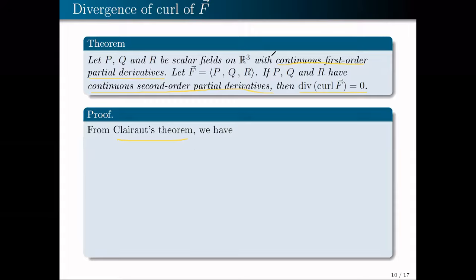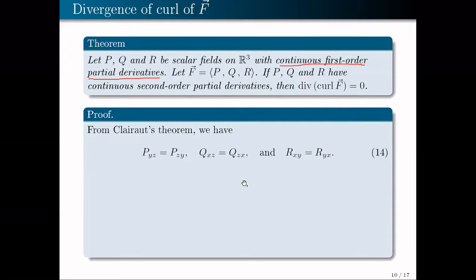And so we have the following expressions. So the mixed order partial derivatives are equal in the domain since, again, the assumption in the theorem is that P, Q, and R have continuous partial derivatives.